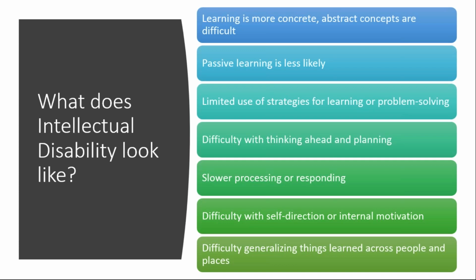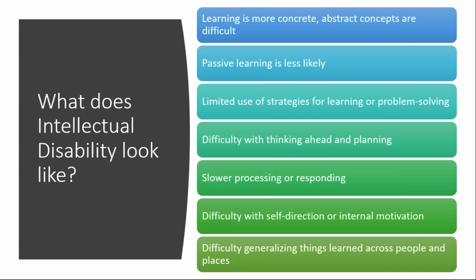And finally, we might also see that individuals with an intellectual disability have a hard time generalizing things that they've learned. That can be across different people or across different places. And a lot of times what this looks like to an outside observer is that there's a lot of inconsistency, because we have perhaps a child who does really well with a certain skill when they're working with their mother, but then when they're at home with another person or at school, perhaps they aren't as good at that skill in a different context with a different person in a different place.